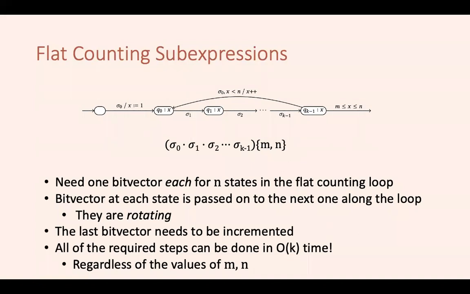But yeah, the reason that this is not dependent on m and n is because of what we are doing. We are rotating the bit vectors. So that is some kind of operation along each of these edges, that's O of k work, and then over here you are incrementing the bit vector by left shifting, but you don't have to do any work that is proportional to m or n.